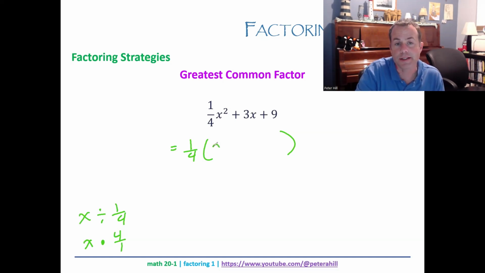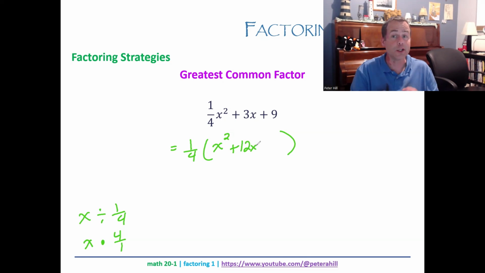So I'm going to look at this and say, okay, that means I'm going to be left with x squared. Right here, I'm going to be left with 12, right? You're asking yourself how many quarters fit into 12. Well, 4 quarters fit into 1, 8 quarters fit into 2, and then 12 quarters would fit into 3, okay? And then we've got the plus 36 there, okay? 9 times 4, or 9 divided by a quarter.